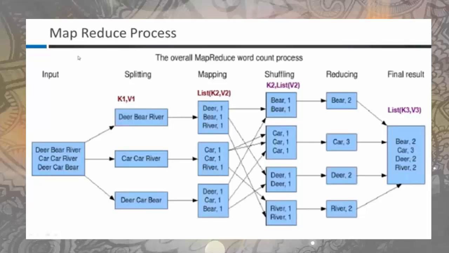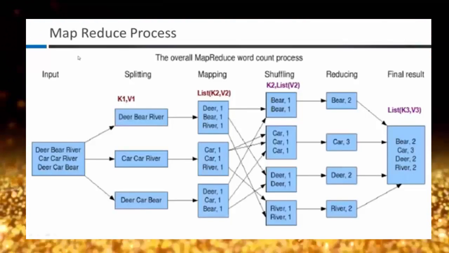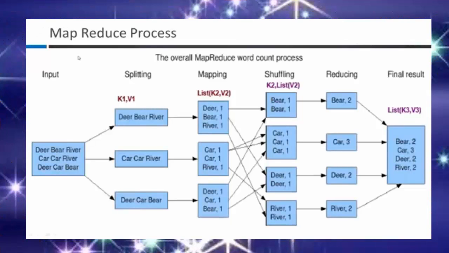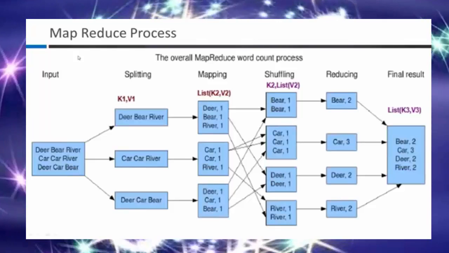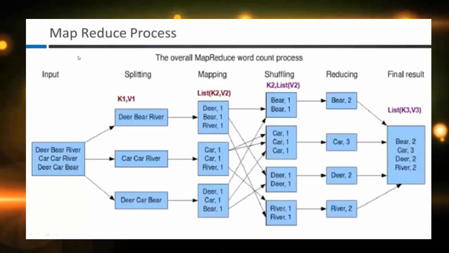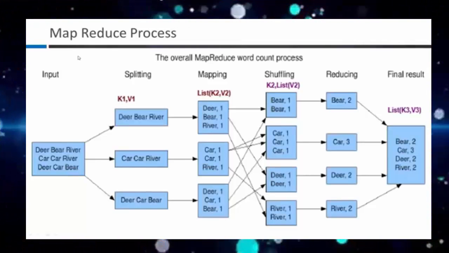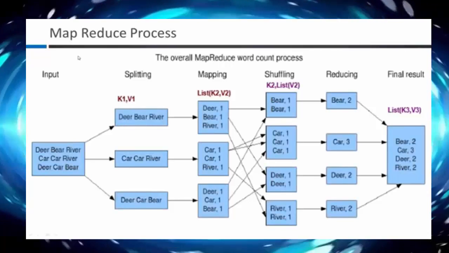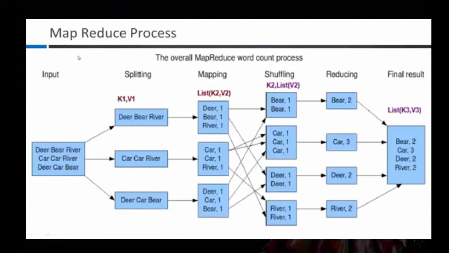Let's take this example. Now it will become very clear. Look at this example, guys. This is your input. Remember I put this key value here. So this is the splitting. You've split those records as deer, bear, river, car, river, deer, car, river, bear.